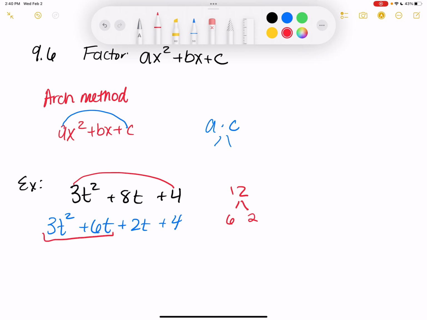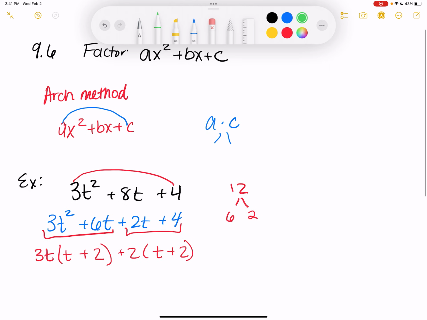So now, factor by grouping. So what can I take out of this first one? 3t. And what does that leave me with? I took out a t, so I'm just left with 2. What can I take out of this one? 2. So 2, and that leaves me with t plus 2.